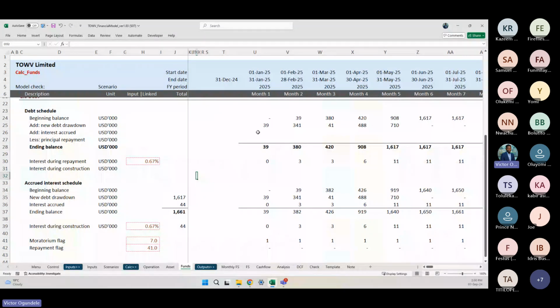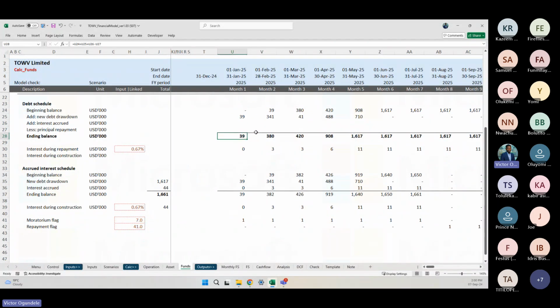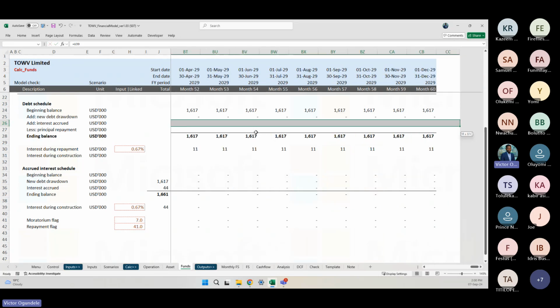All right. So for our interest accrued, since we've calculated our interest accrued, link the one calculated under the accrued interest schedule straight to the main debt schedule.